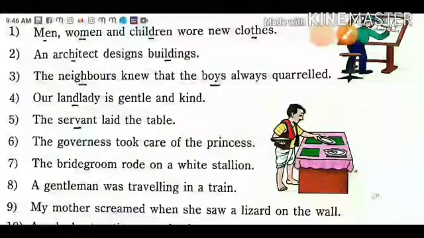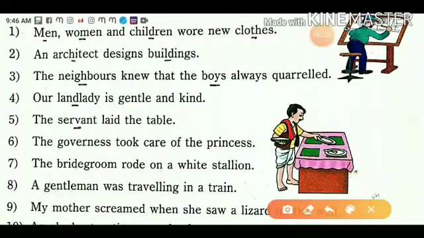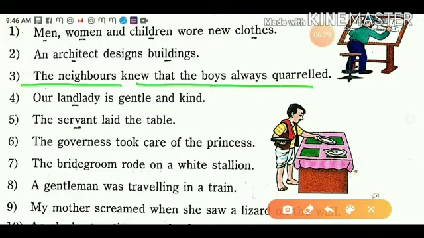Third number: the neighbor knew that the boys always quarreled. In that sentence, neighbor and boys are the two nouns we have found.